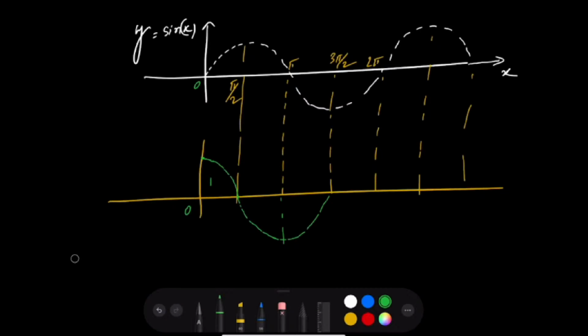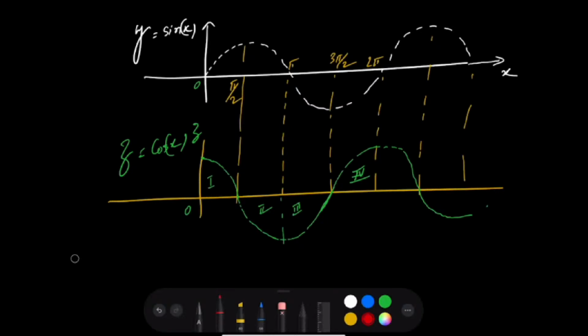This is the first quadrant, this is the second quadrant, this is the third quadrant. In the third quadrant it is still negative, that's why it is below the x-axis, and it will be 0 again at 270 degrees. After 270 degrees it enters the fourth quadrant where it's positive, so it will complete the fourth quadrant. This is the fourth quadrant, and again it will enter the first quadrant, and the cycle will repeat. So this is also a periodic function. This is the z axis, cos x, correct?